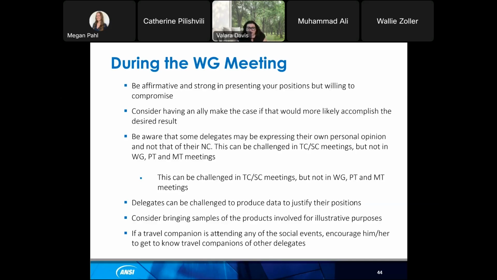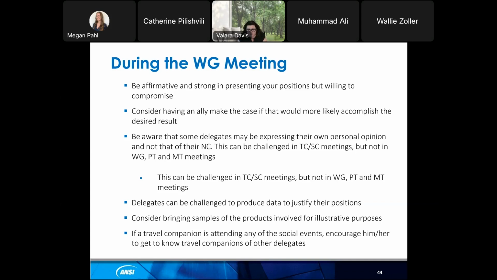So I kind of said here that in the working group, it's more about your organizational position, not just your US position. At a plenary, you do want to make sure that you're not presenting your own personal opinion. At the plenary, you are presenting the national committee position, and if you are presenting a personal opinion, that can be challenged at the TC or SC meetings.